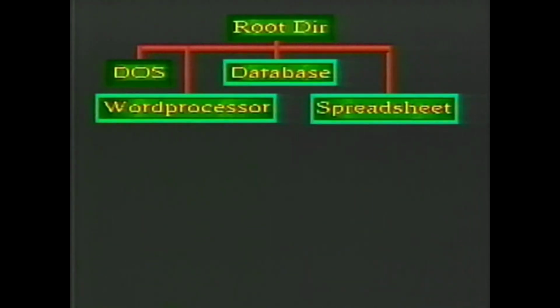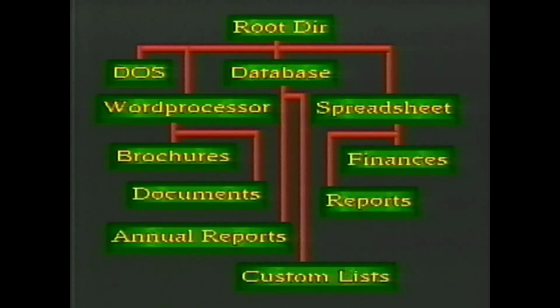Each of these programs is listed as a directory on the hard drive, and each directory contains its own files. To help keep the programs separate and organized on your hard disk, different directories are created for each. And within these directories, you create more directories, or subdirectories, to organize different types of data created within those programs. In this example, the first directory on the hard disk is called the root directory.